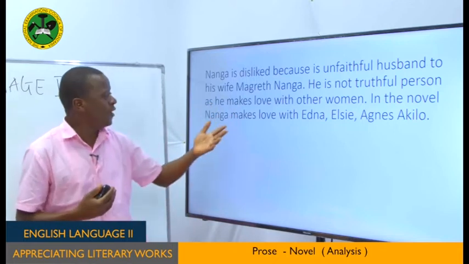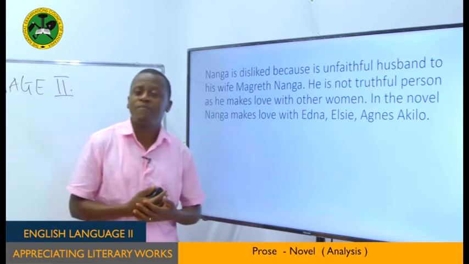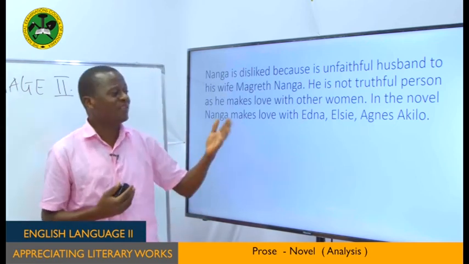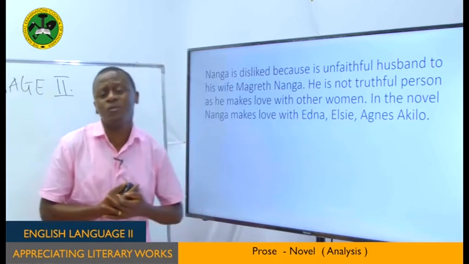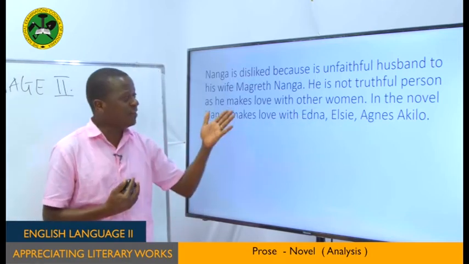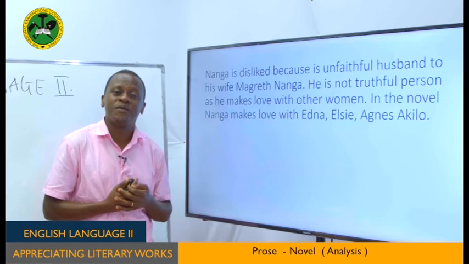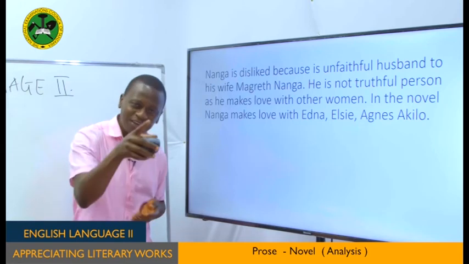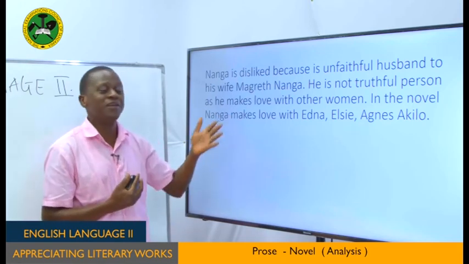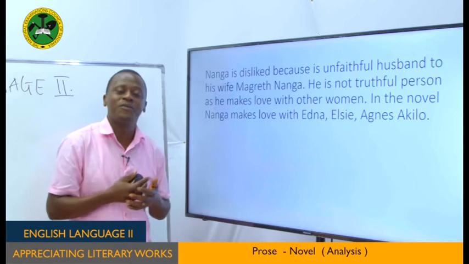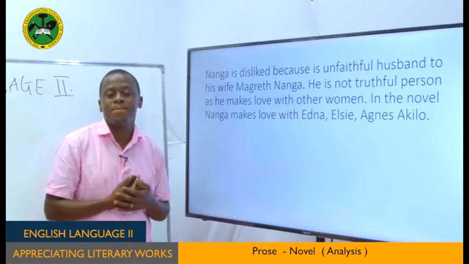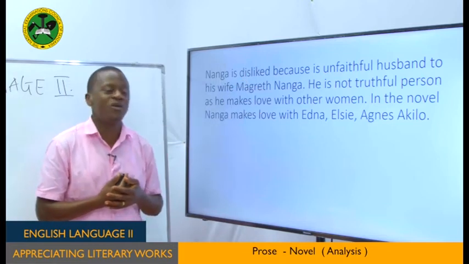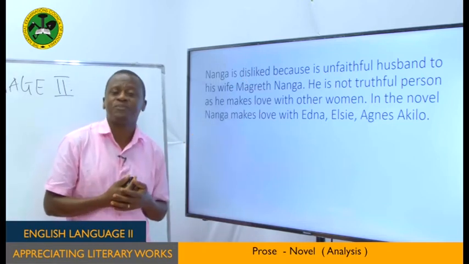Now, we see in the novel, Nanga makes love with Edna. Again, he makes love with Elsie. Again, he makes love with Agnes Akilo. Yet he's married. Now, think of this tendency. Do you like it? Seeing a person, or seeing your father, or whoever, being unfaithful to his marriage.